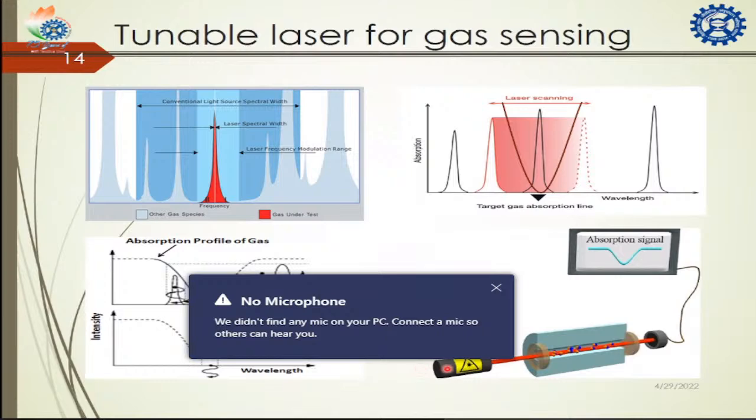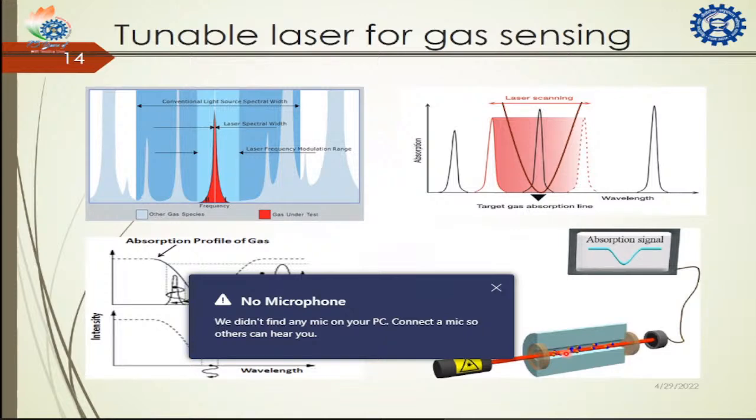We shoot the laser through this chamber, and the gas molecules interact with the laser light. There is a concept of light-matter interaction: as the laser wavelength matches the targeted gas, there will be absorption. Because of this absorption, there will be attenuation of the light coming out of the chamber, and this attenuation gives us the concentration of the targeted gases.